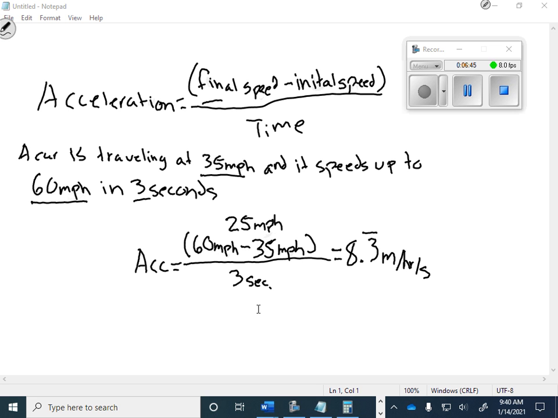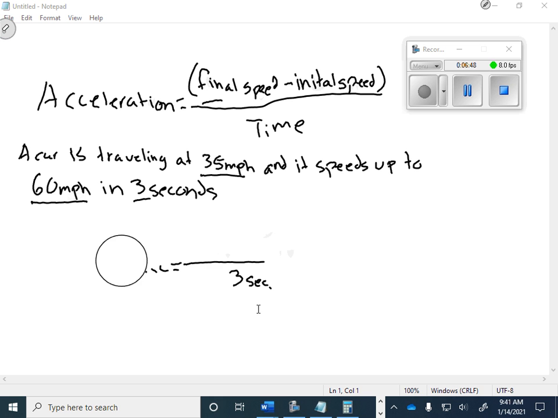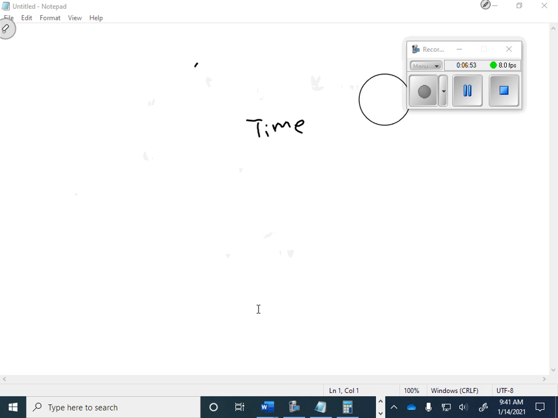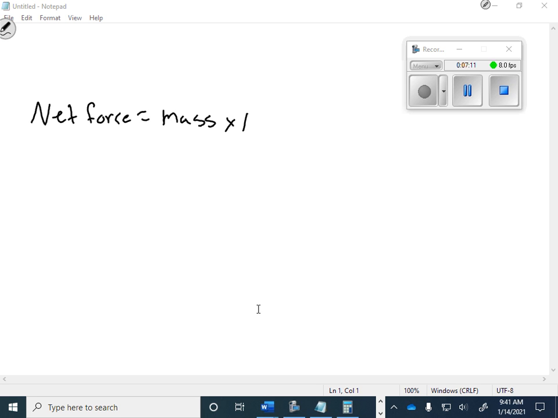Okay. So for the last example, we're going to do net force using Newton's second law. So this net force is going to be a little bit different than the other. Newton's second law says net force is equal to mass times acceleration. And sometimes you're going to need this in 3 different ways.